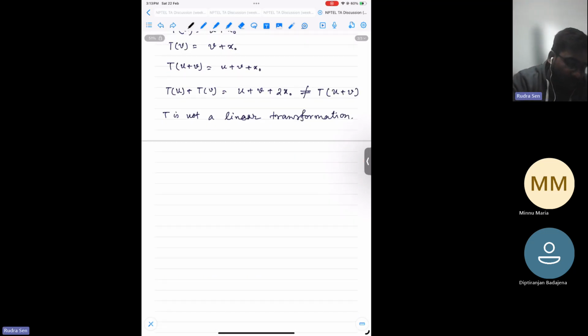So that's why, if you see, y equals mx is basically a straight line passing through the origin, right?